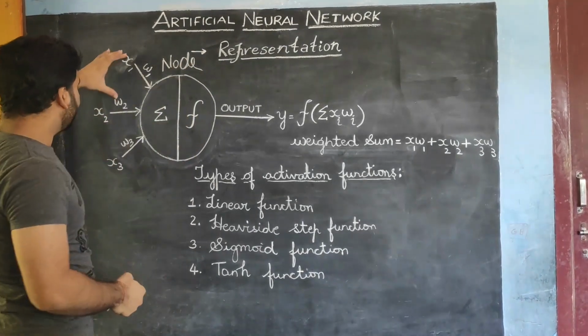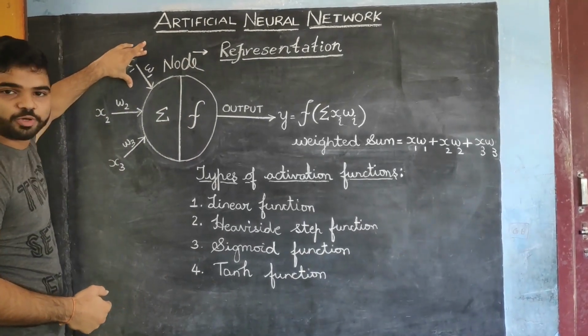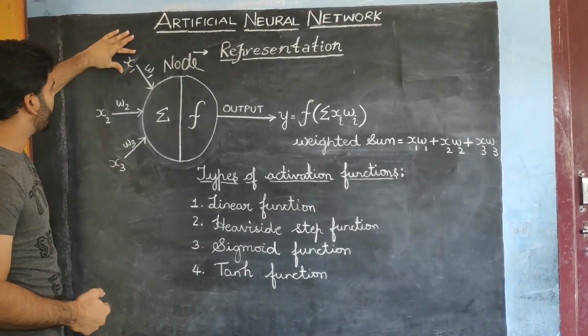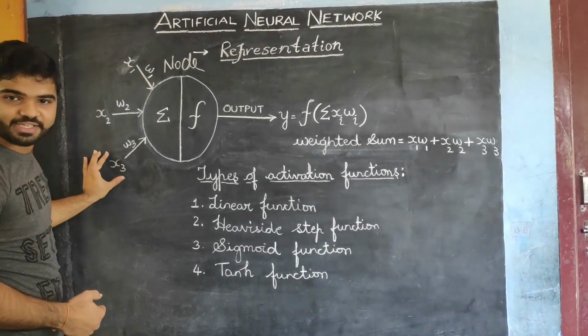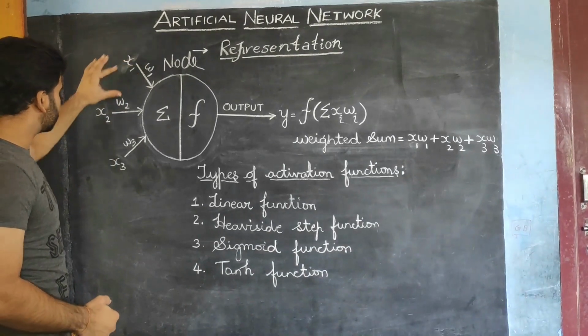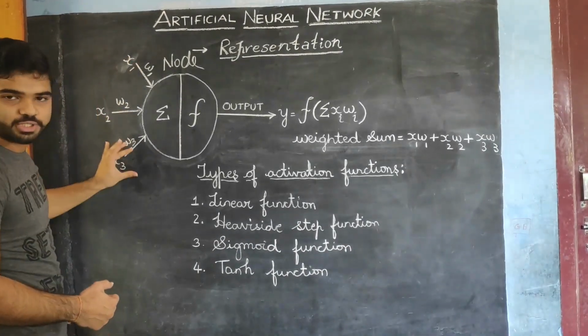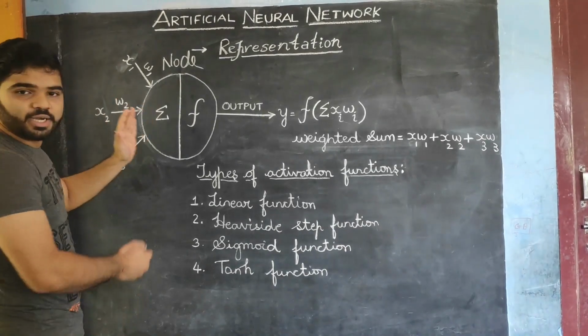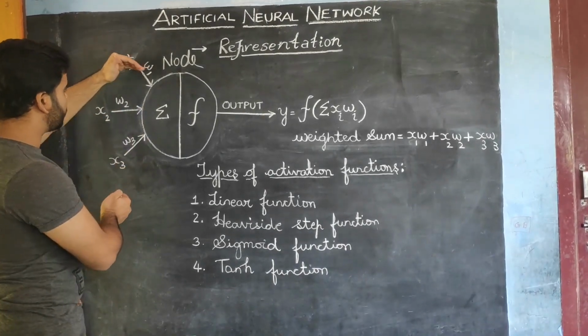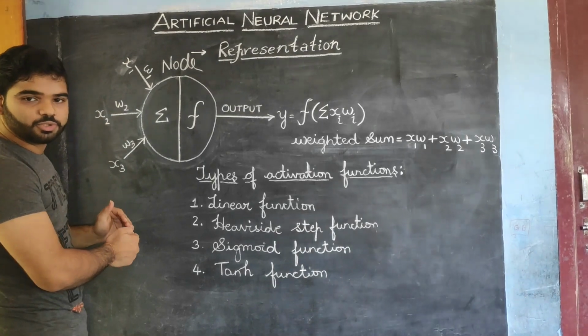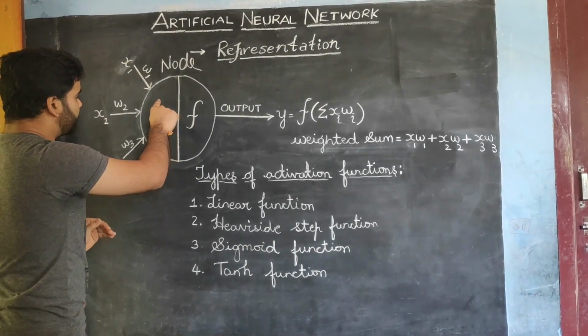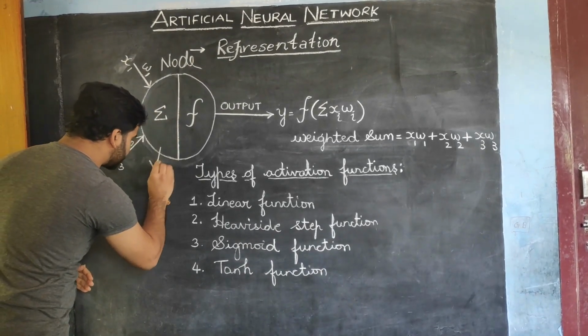Now, in this node, you are giving the inputs in the form of x1, x2 and x3, where W1, W2 and W3 act as the weights of these edges. This node takes the inputs along with the weights W1, W2 and W3, and it performs a summation operation.